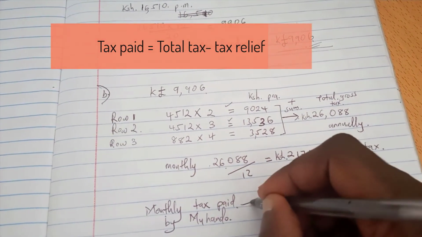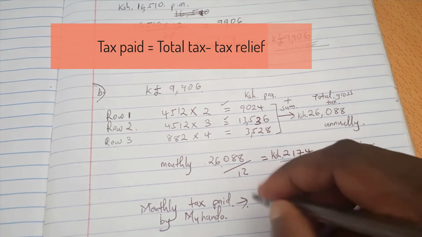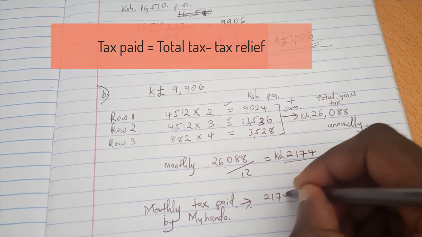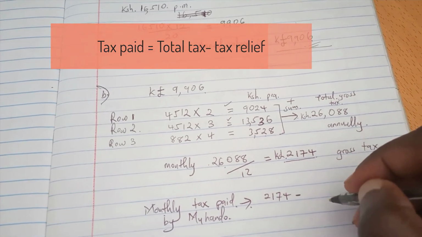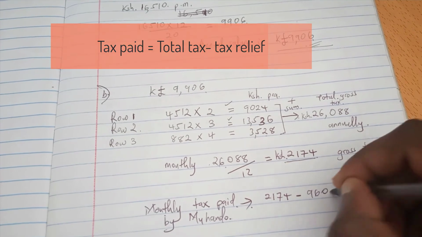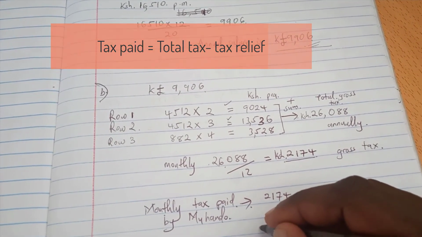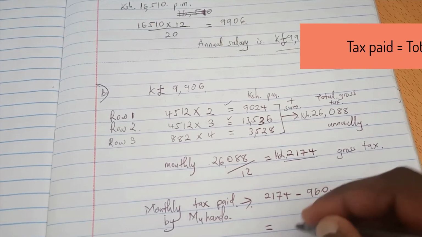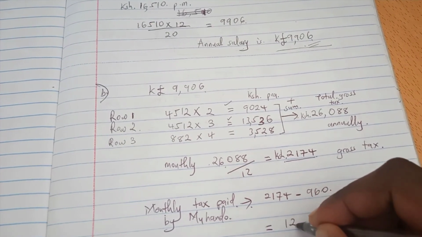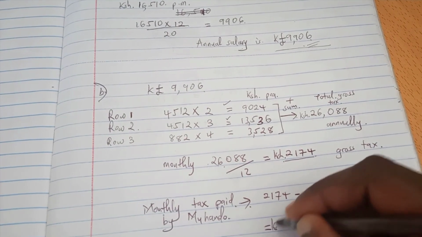In order to do that, we simply need to take this gross tax, which is 2,174, and subtract what we call the relief, which is 960, and therefore the monthly tax paid will be equivalent to 1,214 Kenyan shillings.